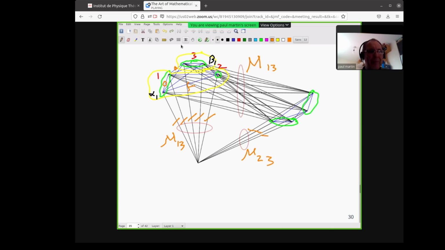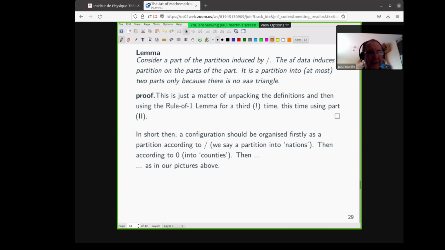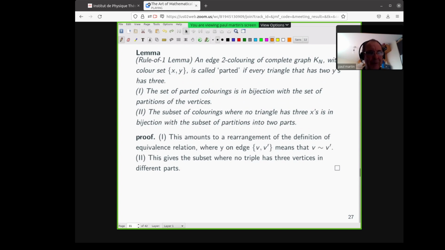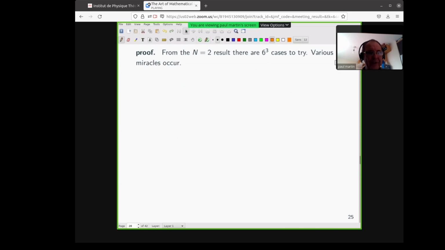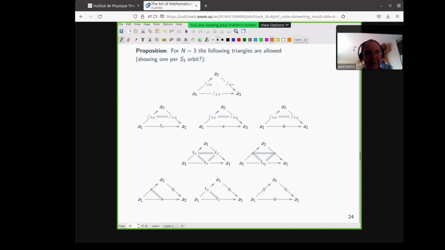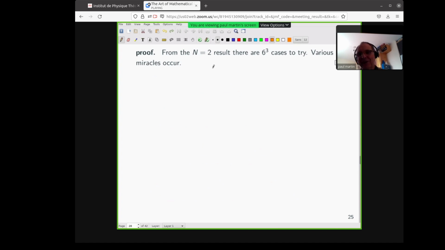So I was glib about the analytic work. My collaborator, Eric Rao, is a genius at the calculations under the derivation of that proposition. So as it says here, there are finitely many cases to try, 6 to the 3, but those cases are analytically complex.